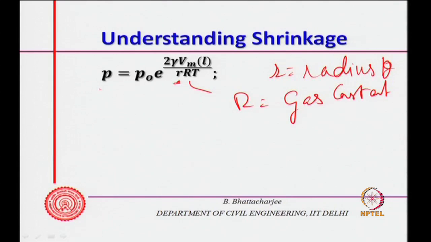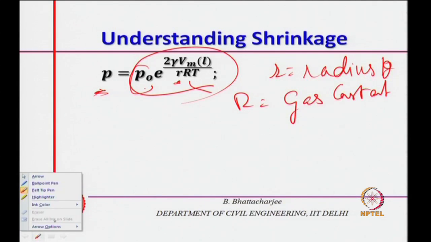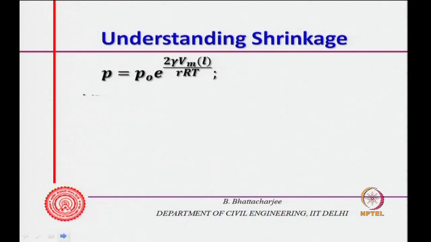It is the vapor pressure change because of the change in curvature. P 0 was the original pressure before the formation of curvature, and now, because of the curvature, the final pressure is P 0 e to the power twice gamma V m L divided by r R T. That is Kelvin's equation; it can be written in different forms also.